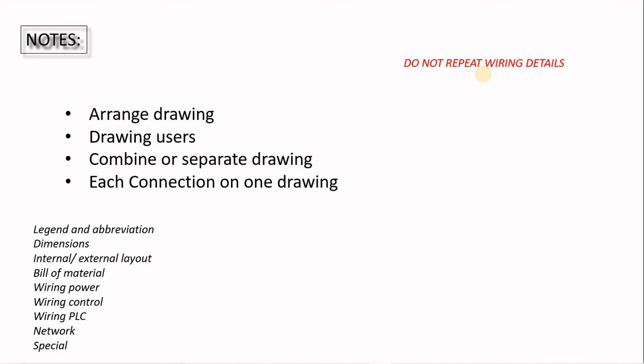So try to do each connection on one drawing. And then if you need to go to another drawing, you may say "see drawing" for continuation, right? So that will be easy for the guy who's doing the maintenance and for the guy who's building the cabinet as well.